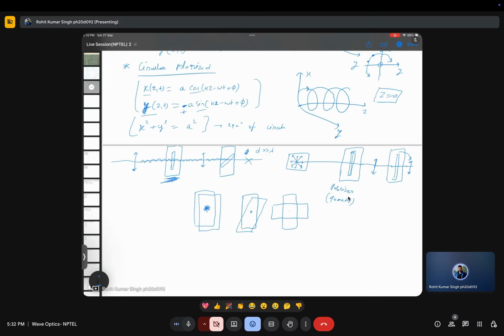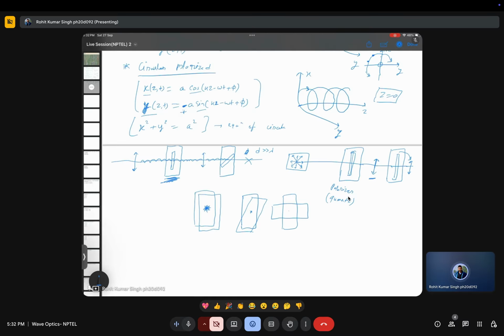Why is this happening? Because you have already polarized it, and then when you are rotating it, you are again trying to polarize it, but it is already polarized in one direction. So it doesn't have any component in other directions, okay?